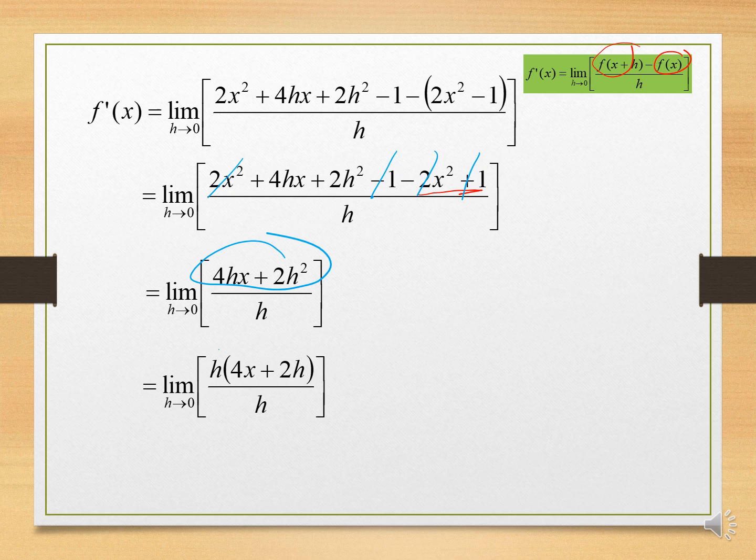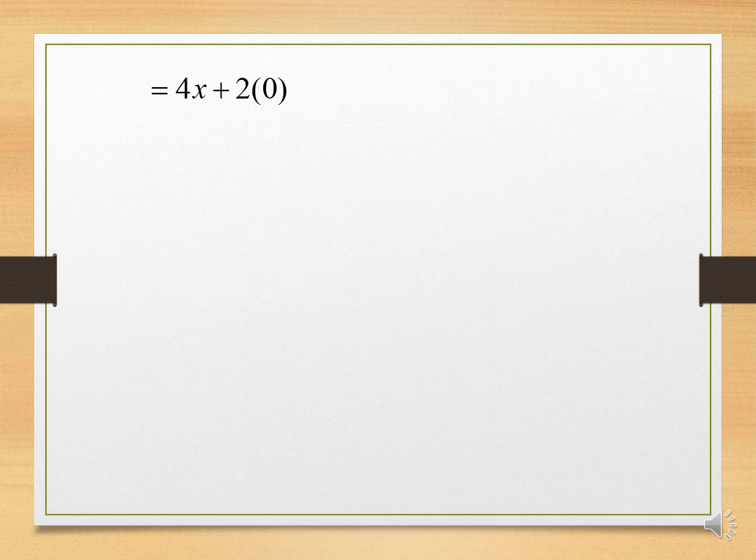Eventually the h will cancel, then you will get the limit as h approaches 0 of 4x + 2h. Okay, so this is the simplest form already. Now you can substitute h as 0. So eventually you will get f'(x) equal to 4x + 2 times 0, which is 4x.